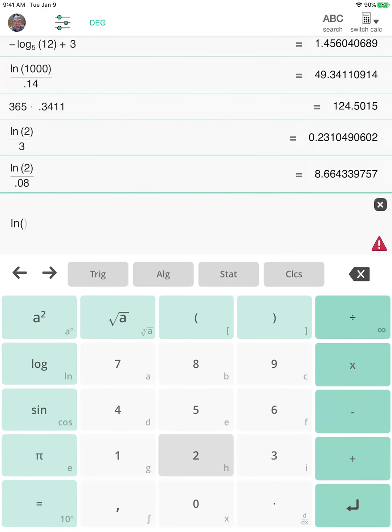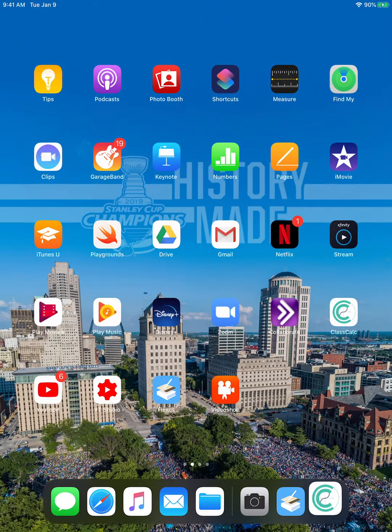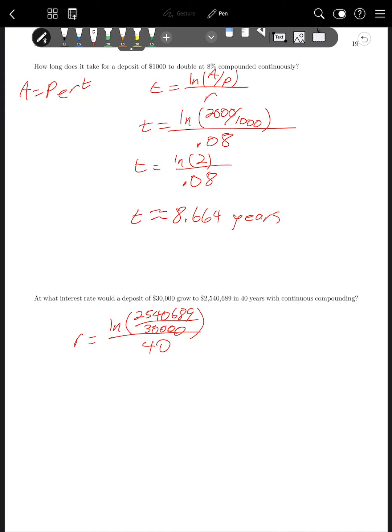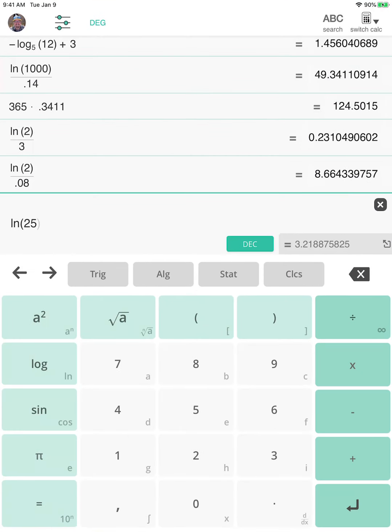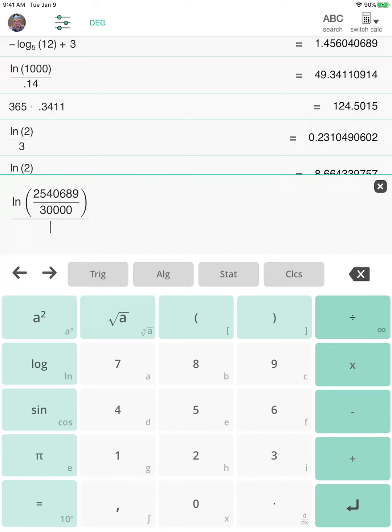So the natural log of 2,540,689 divided by 30,000, divided by 40, which is 0.1110.